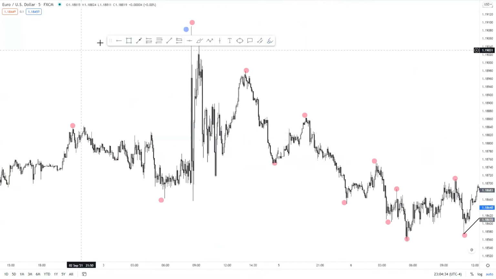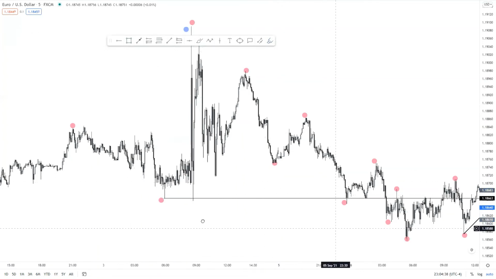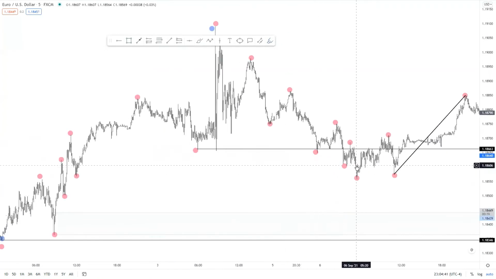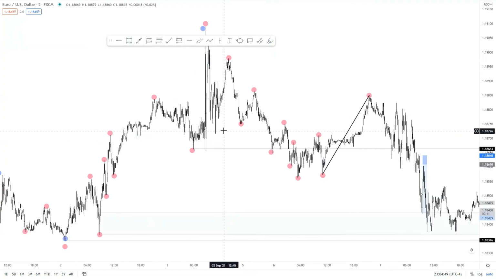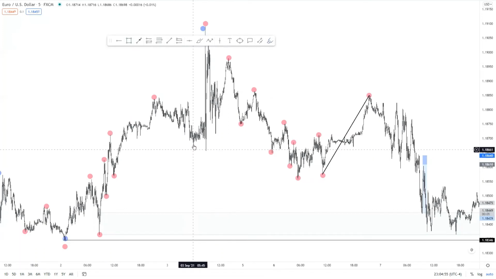So where do we actually break it? We actually break it here, but that's a very technical definition of it. To be honest with you, that's very in-depth as to the actual structure and the technicality of it.